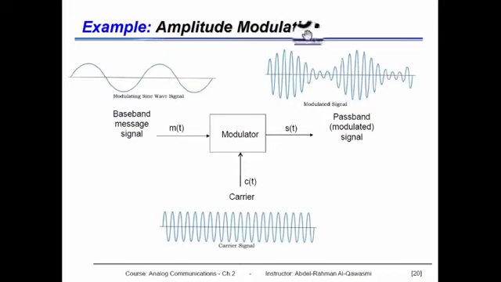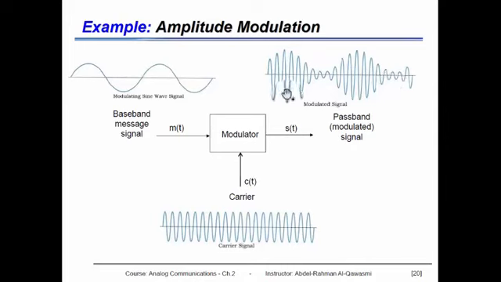This is an example of modulation, what we call amplitude modulation. This is our baseband signal before modulation, M of t. In our example, we have a single tone modulating sine wave signal. This is our amplitude modulated signal after modulation, which is S of t.